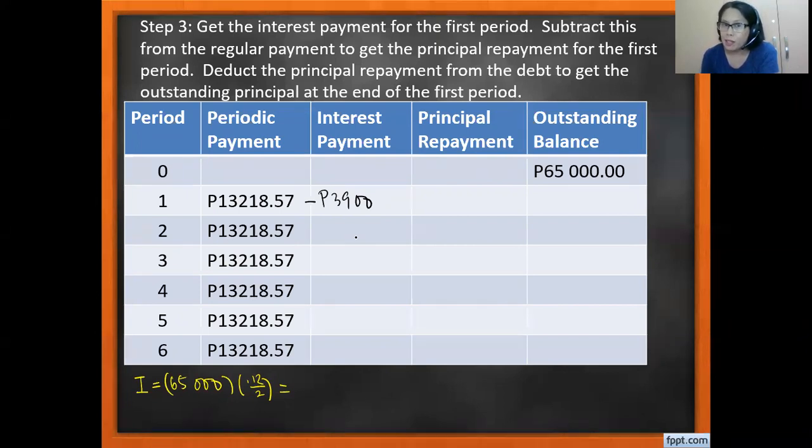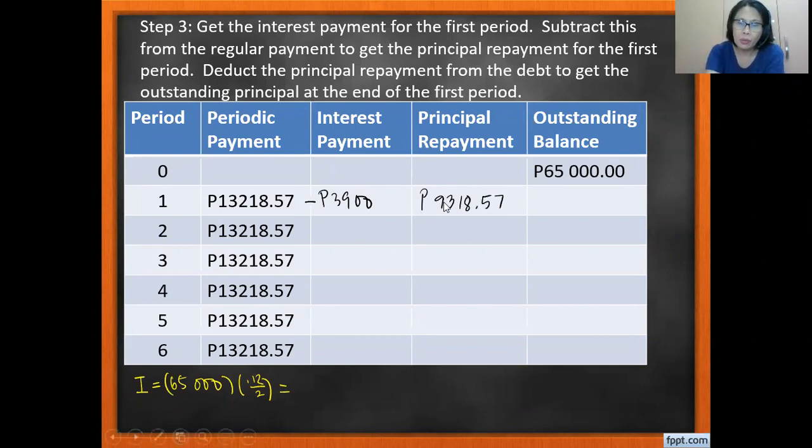What you will do is input 13,218.57 and then minus answer. So you have 9,318.57 as your payment to the principal amount.